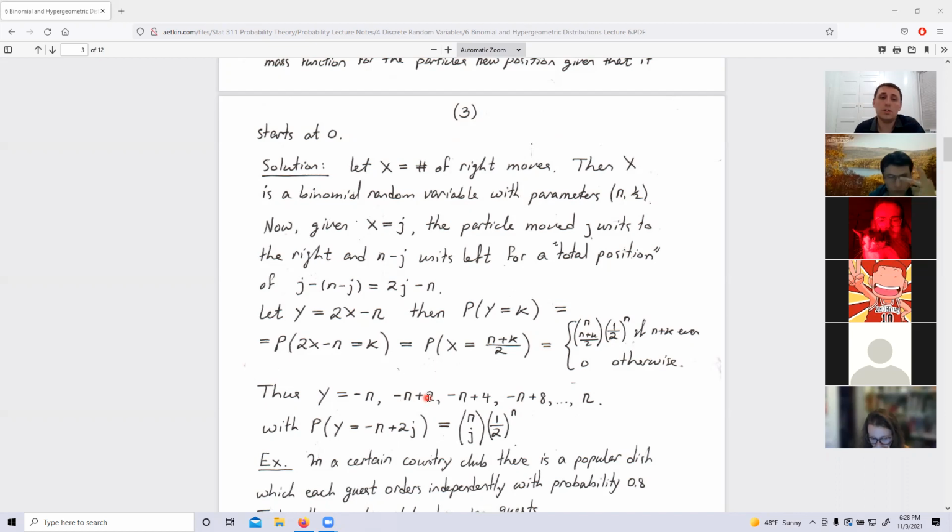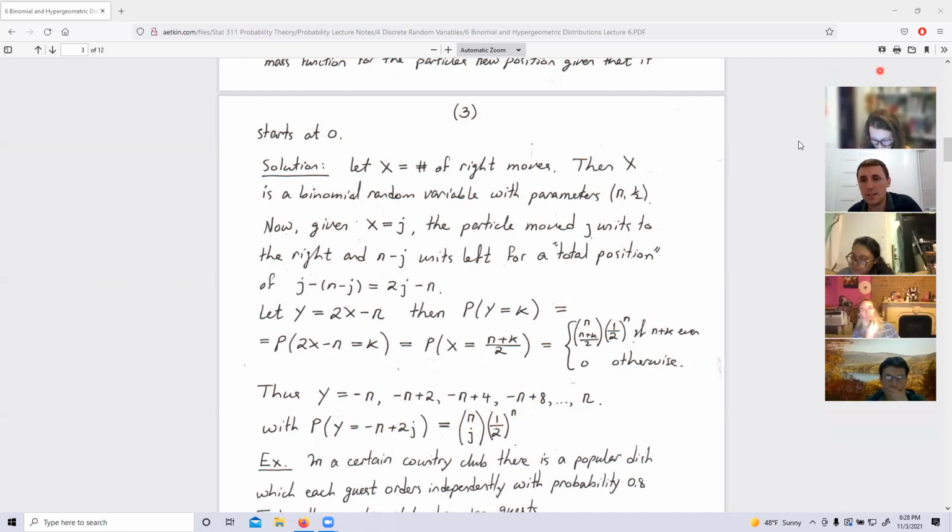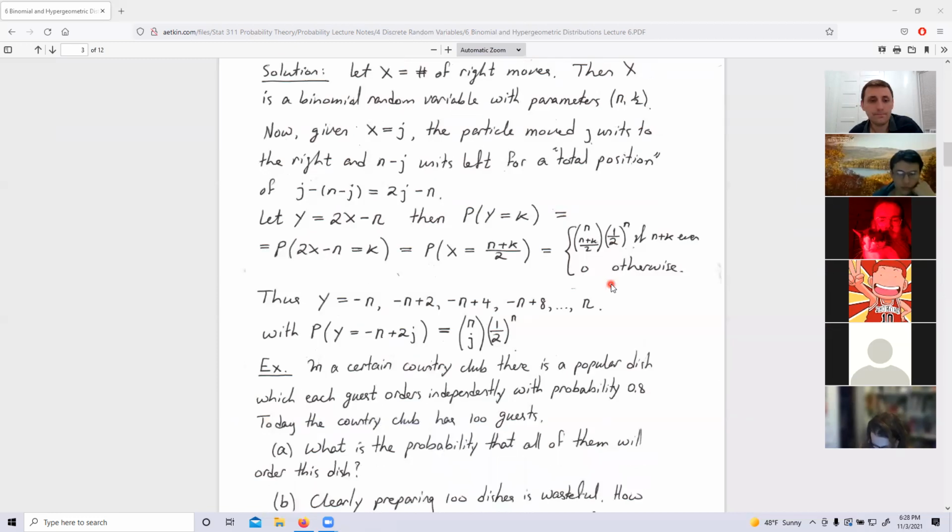All you do is replace X equals 0, X equals 1, X equals 2, and you get all the possibilities for the final position Y. And in general, Y equal to minus n plus 2j means that the probability is n choose j times 1/2 to the n. Makes sense, guys? When you review, try to think of it and solve it yourself.